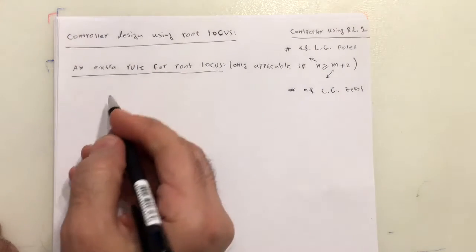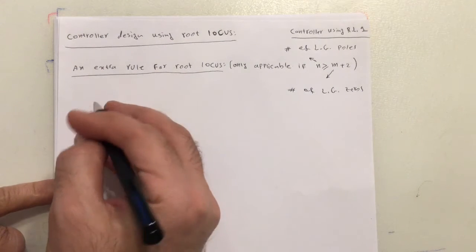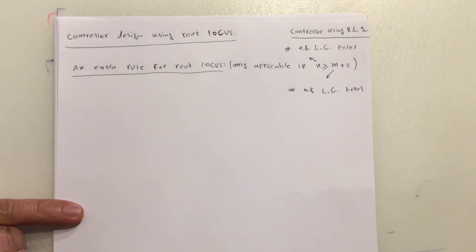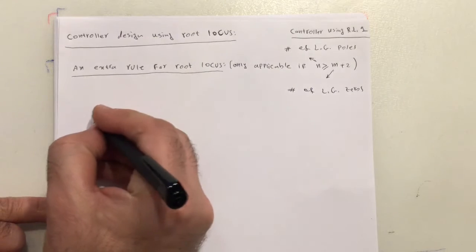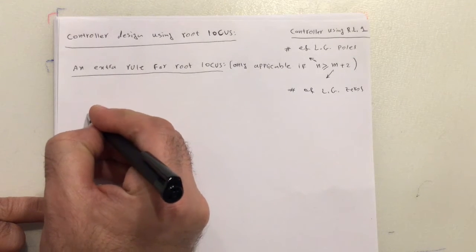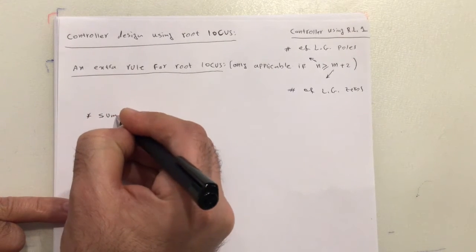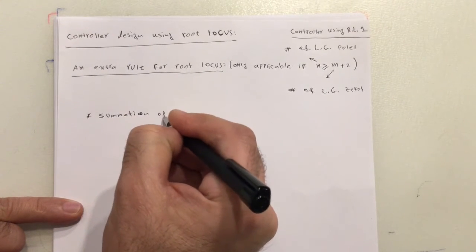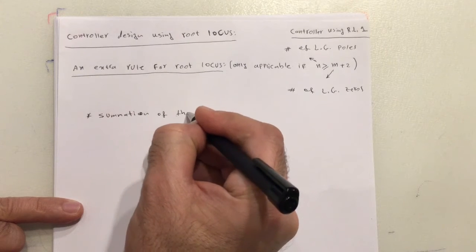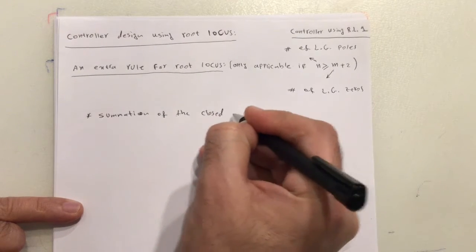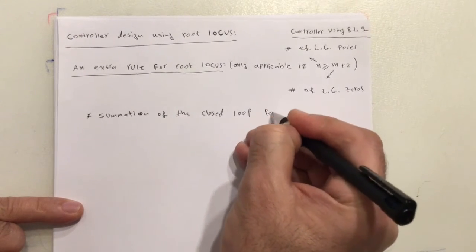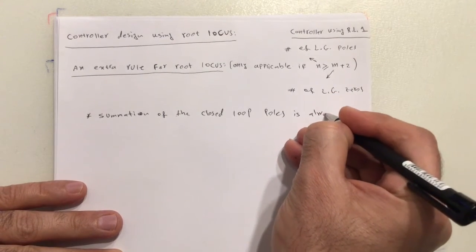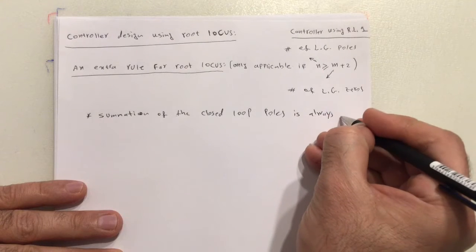Okay, what does this rule say? According to this rule, the summation of closed loop poles is always a constant value.